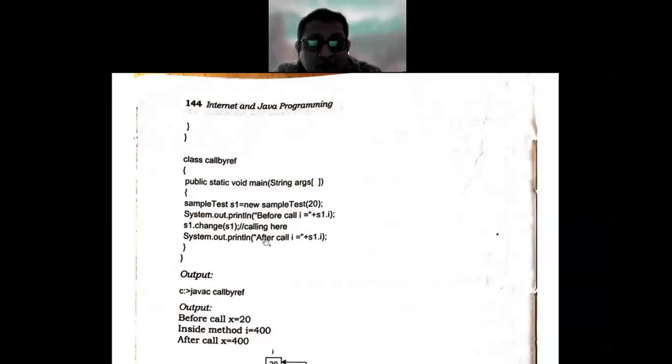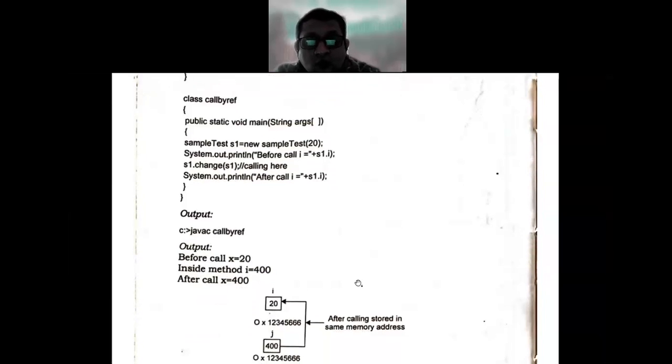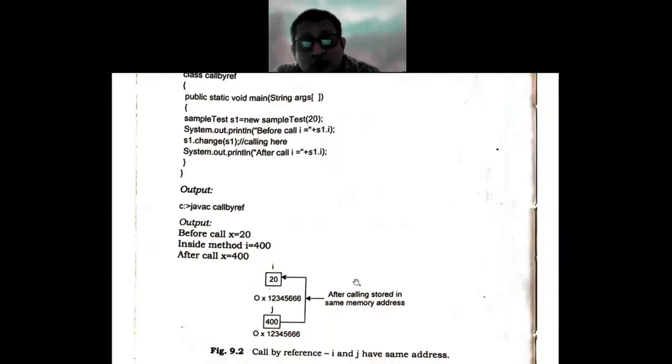And after the call, because s.i has been modified by the function, the value will be printed as 400. So this is an example where we have applied pass by reference. Here the value at the original location is modified without using a pointer.